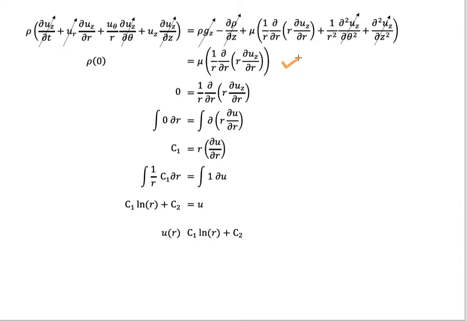What we need to do, because it is equal to 0, is integrate this equation twice. For the first integration, we get the constant C1 equal to r du dr, and then we integrate for the second time, so we will get this term.